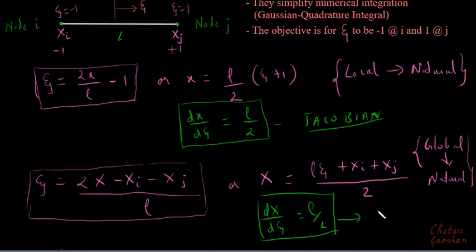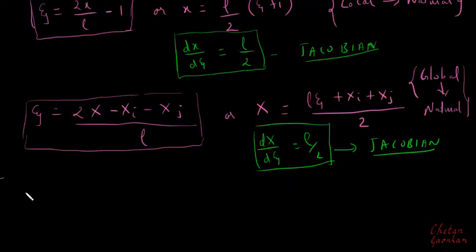Again, as we said earlier, the use of this Jacobian we will see at a later stage. But this is how we can relate the natural coordinate system with the local and with the Cartesian or global coordinate system.